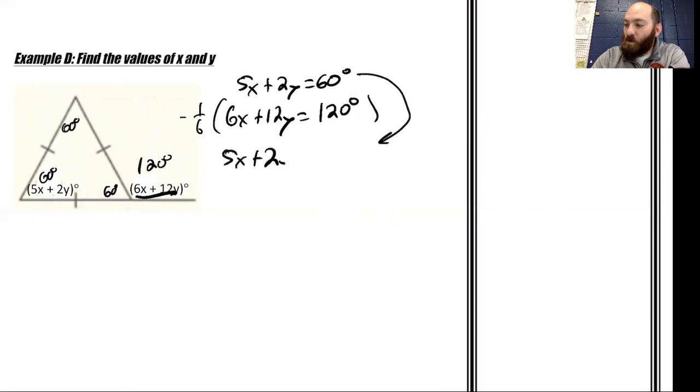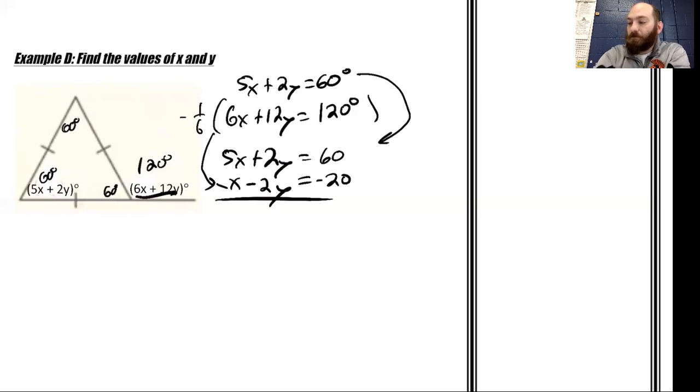That's 5x plus 2y equal to 60. And then this one, negative 1/6 times 6 is going to give me negative x. Negative 1/6 times a positive 12 is going to give me a negative 2y. And then negative 1/6 times 120 is going to give me a negative 20.